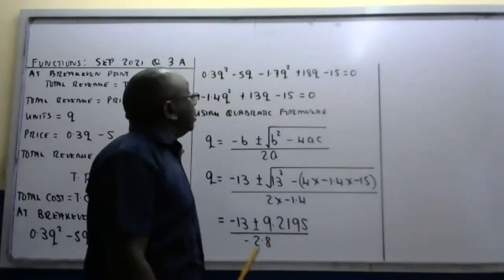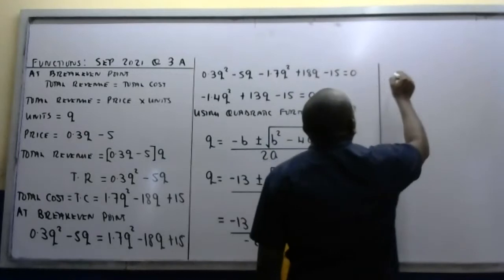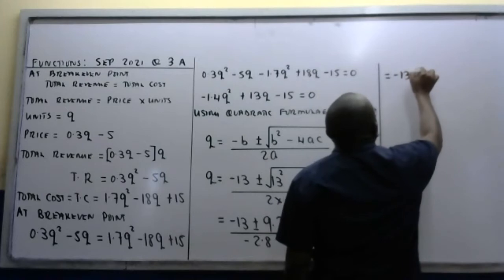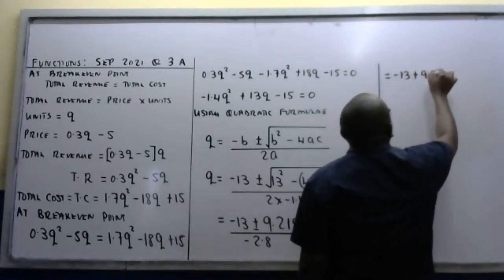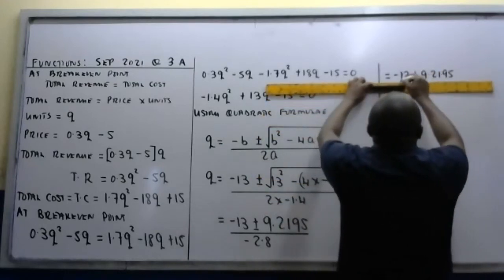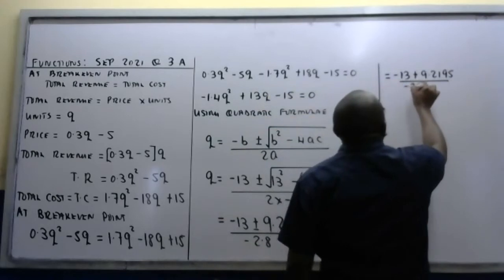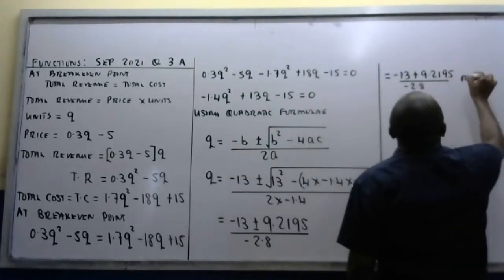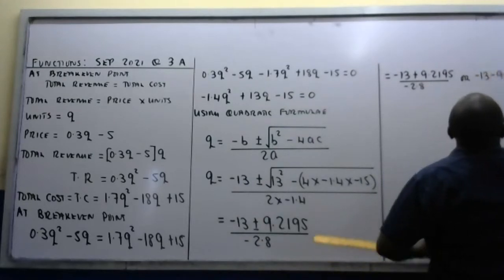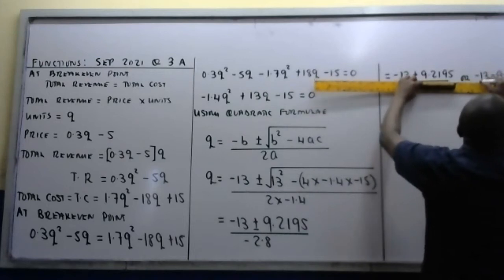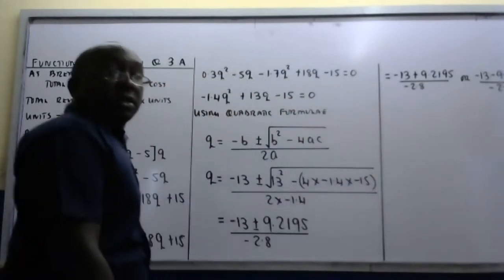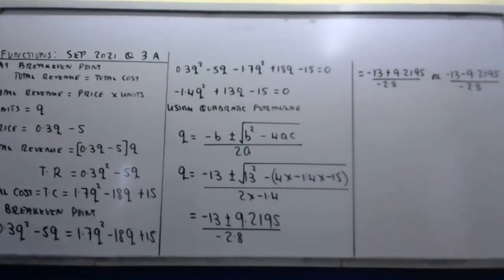And when we proceed, we get that this will be equal to minus 13 plus 9.2195, you divide by minus 2.8, or minus 13 minus 9.2195, you divide by minus 2.8.